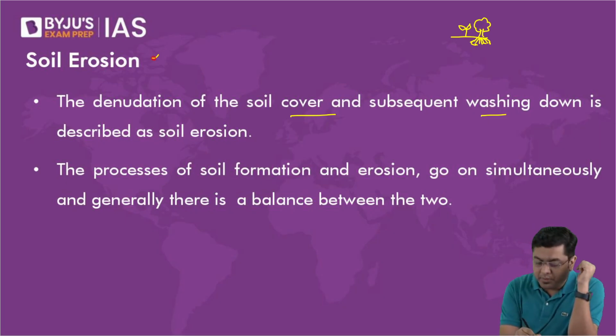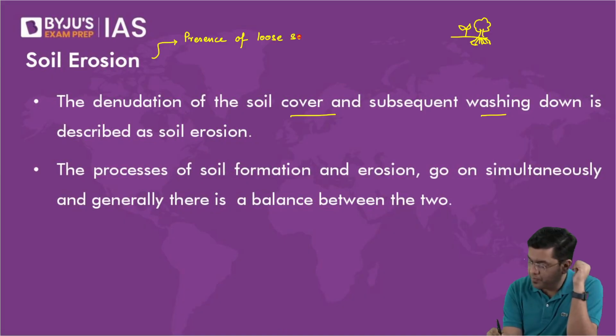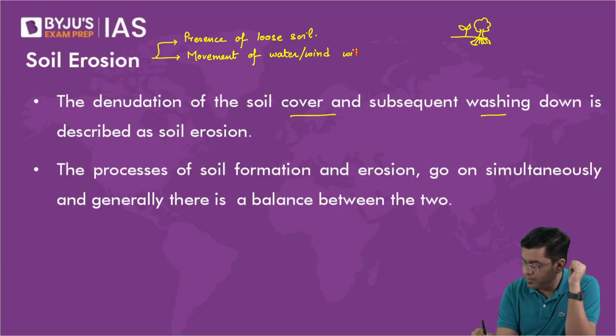So lack of vegetation creates presence of loose soil, because that is something which will be eroded very easily. And then along with that, movement of water or wind with speed.